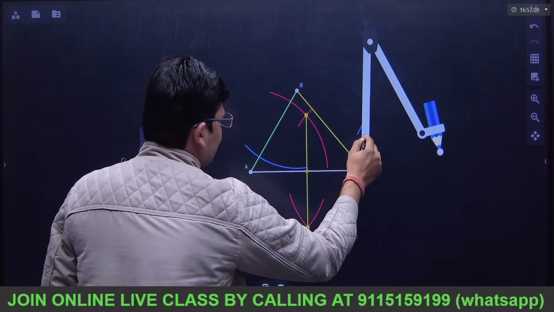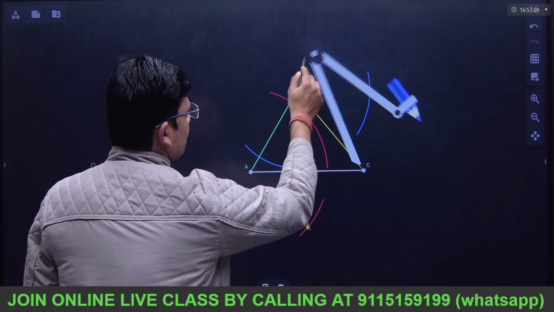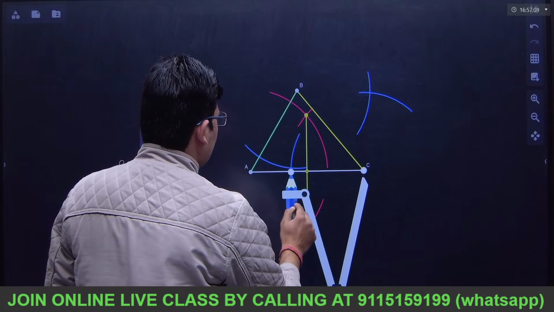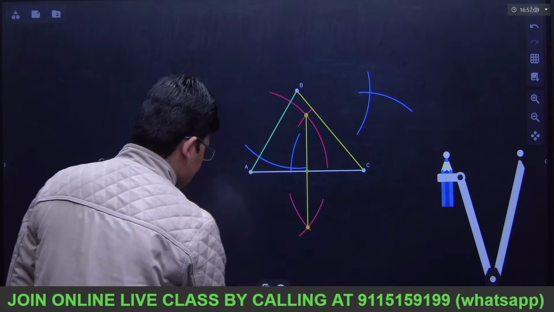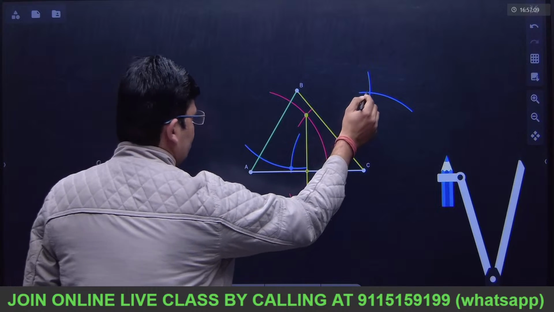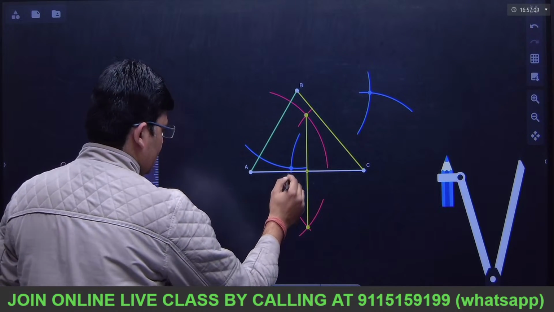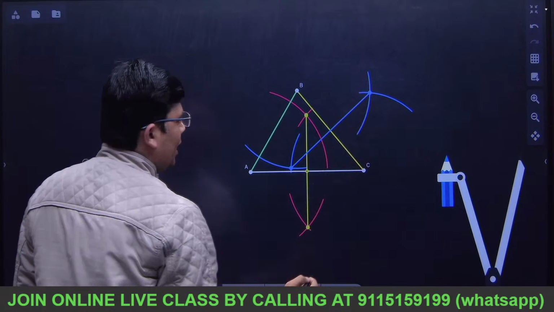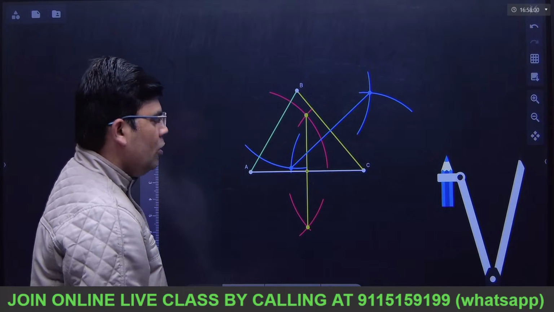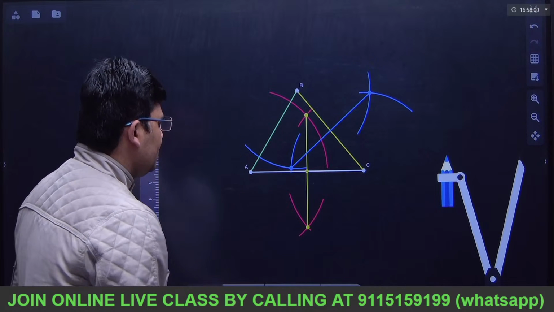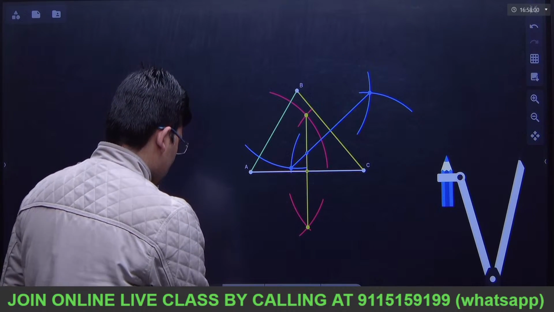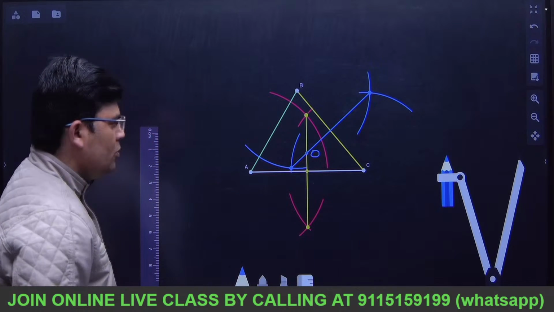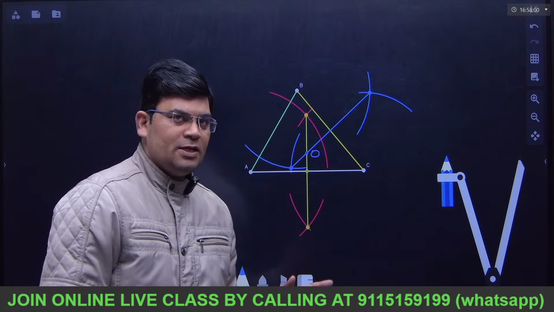Then I will change the center to C, again draw arcs at these 2 points, and then join these 2 points. We have a point of intersection of the 2 perpendicular bisectors. Let me name it as O. This point O is our circumcenter.